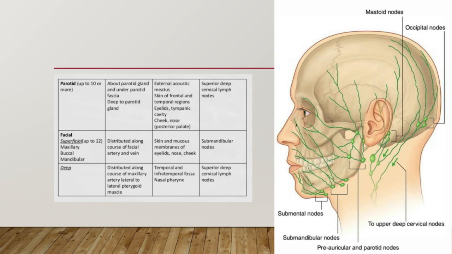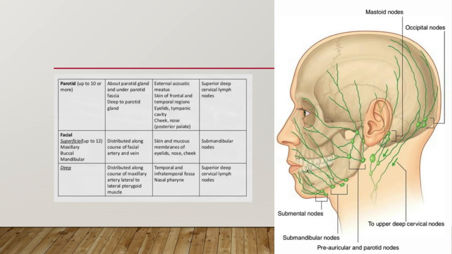So, the lymphatics run along the facial artery and vein and drain the skin and mucosa of the lower eyelid, nose and cheek. These superficial facial lymph nodes drain into the submandibular lymph nodes here.